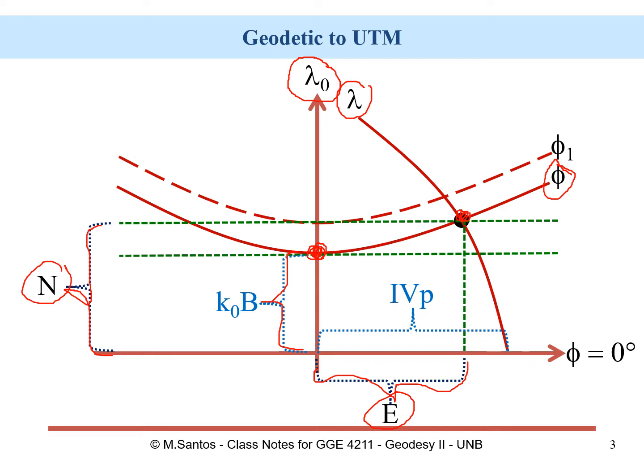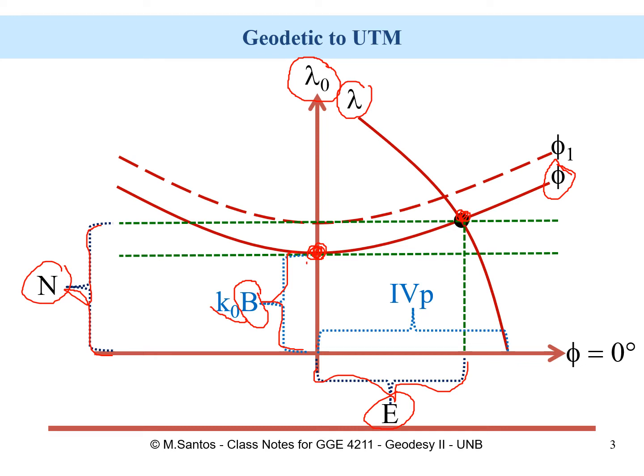Okay, we know that this is represented with a deformation that is equal to the coefficient of distortion of, sorry, the coefficient of scale reduction, k sub 0. Okay, so we can compute B. B here is the length of the arc of meridian, and then multiply by k sub 0.